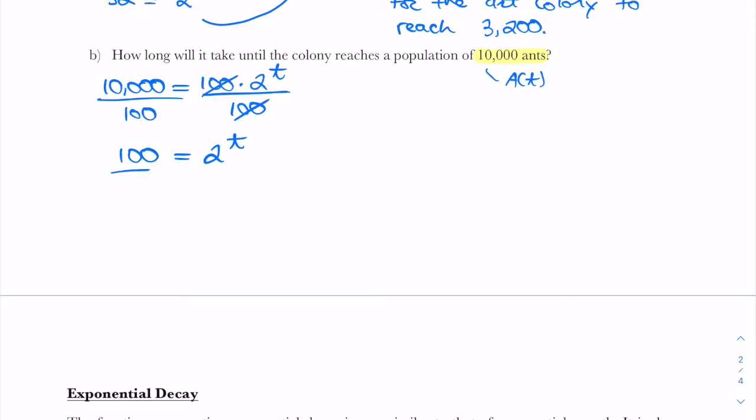For example, notice that 2 to the exponent 6 is equal to 64, and 2 to the exponent 7 is equal to 128. So that means t has to be somewhere between 6 and 7 because the number 100 is somewhere between 64 and 128.